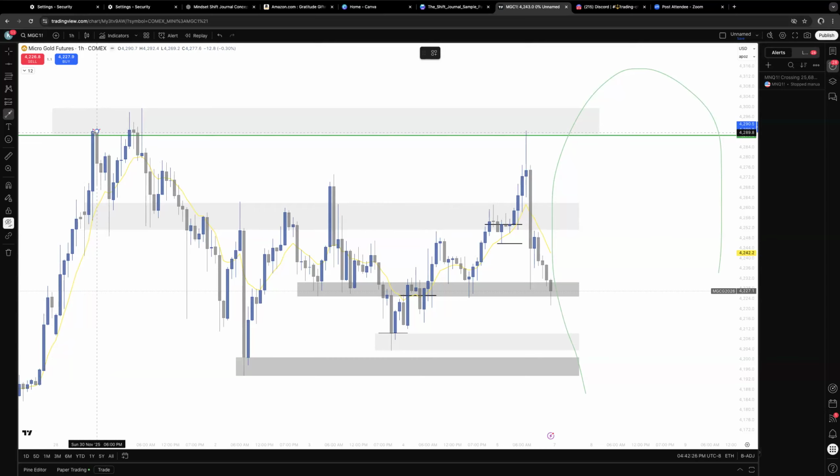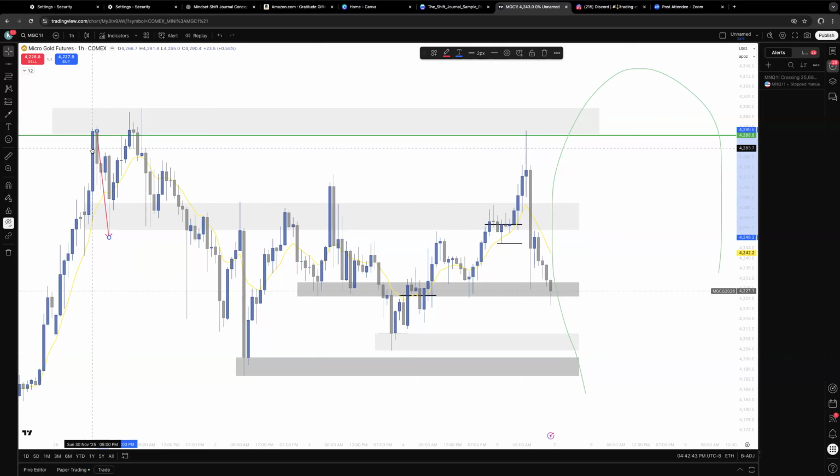You got to think of this on the bigger picture. So these moves are long moves versus when we're looking at the 5 minute, 15 minute and stuff like that. So we got a high right here. We come down to this lowest point, that's a higher low. Then we come up here to the highest point.